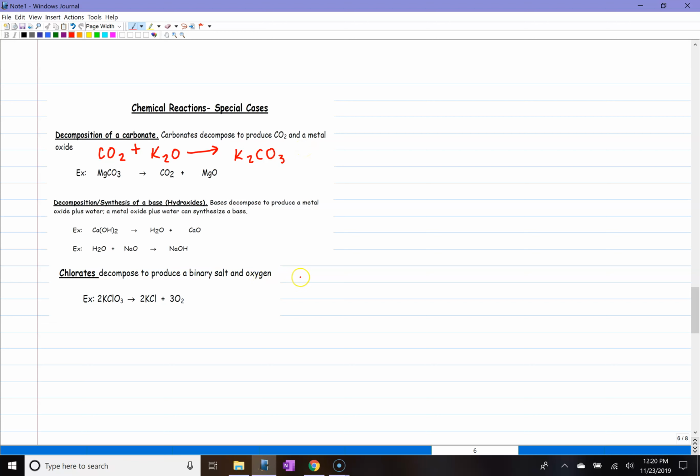If I have a hydroxide, it's going to break apart into water and metal oxide. So for instance, if I have magnesium hydroxide, it breaks apart into water and magnesium oxide.